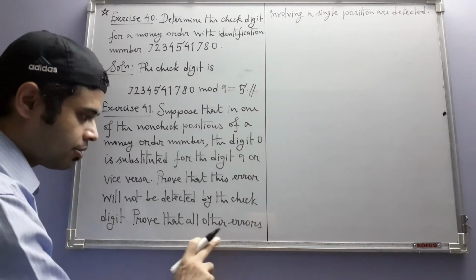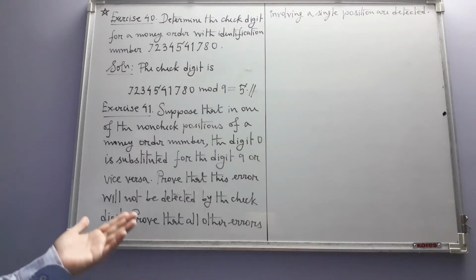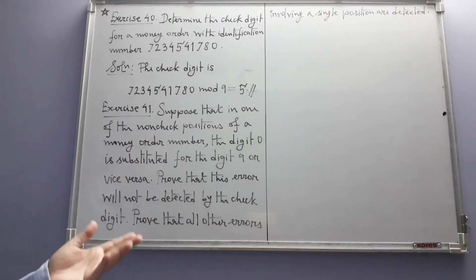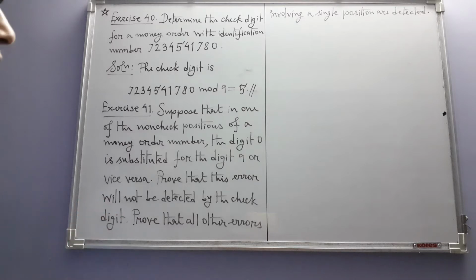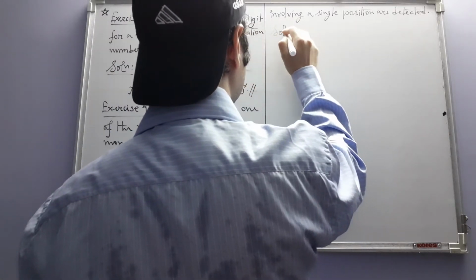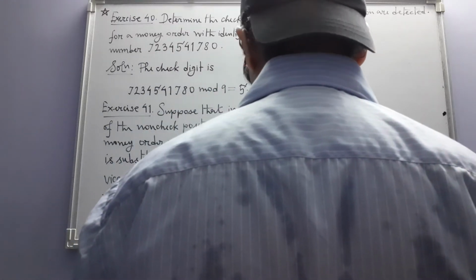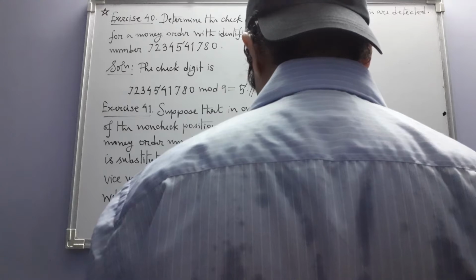That is, the previous number and the new number will have the same check digit. And we also have to prove that any other errors involving a single position will be detected by the check digit. So we have to now prove this. We start by considering a money order number.